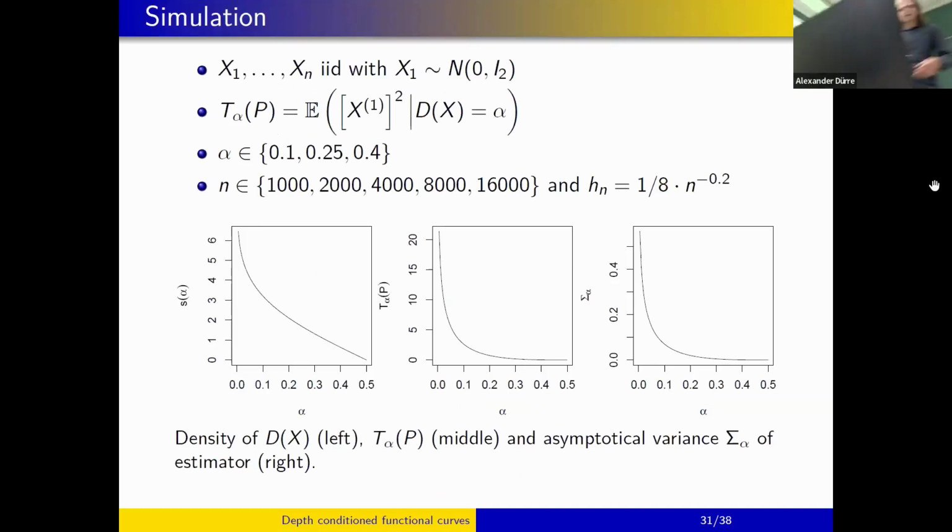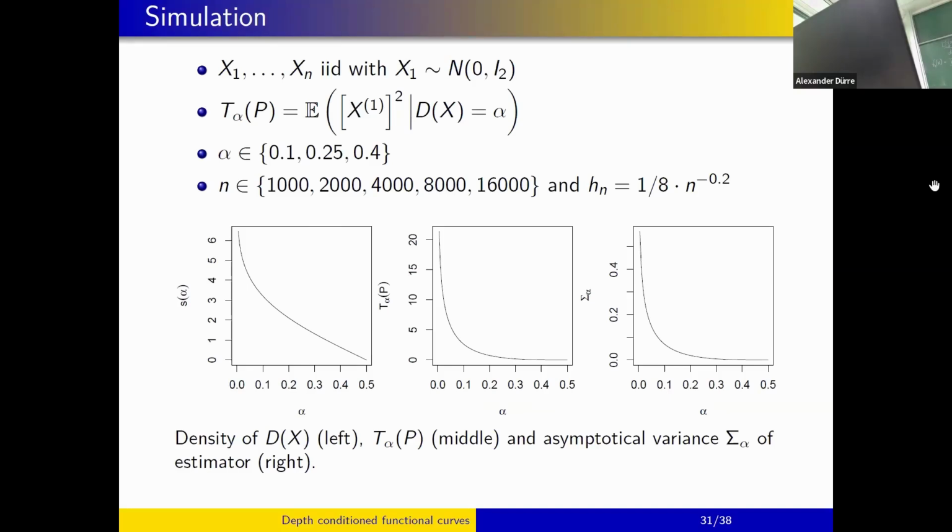Then we can see in simulations if this works indeed. So we take a very easy setting, IID random variables from a multivariate normal distribution in 2 dimensions. And then we look at the conditional variance. So we set the expectation to 0, so this is a conditional variance.